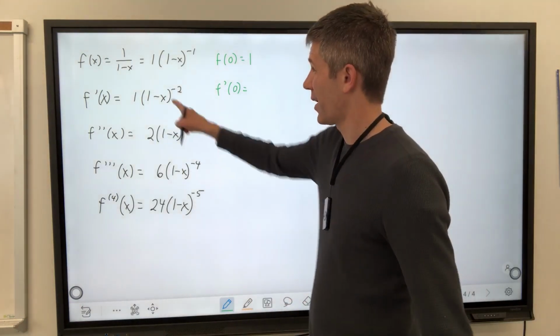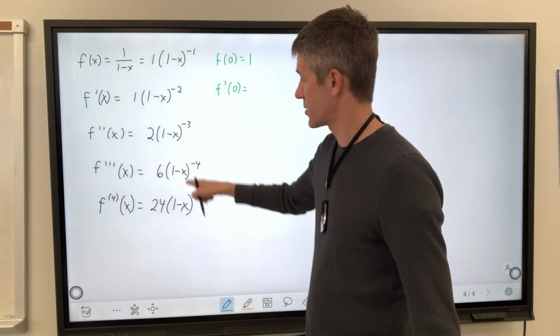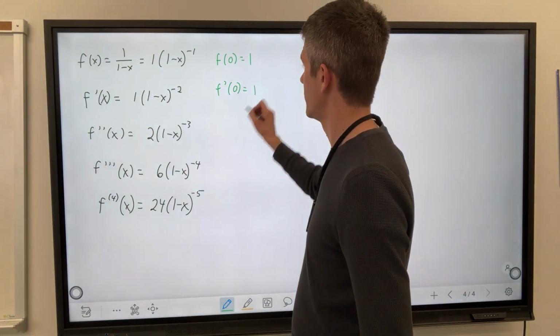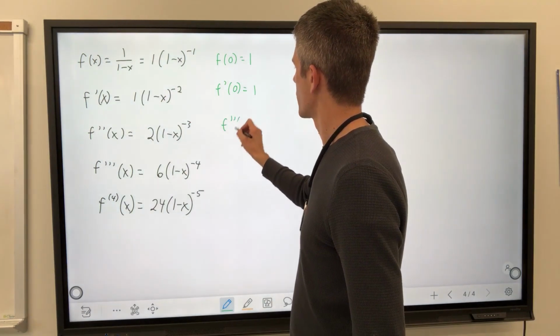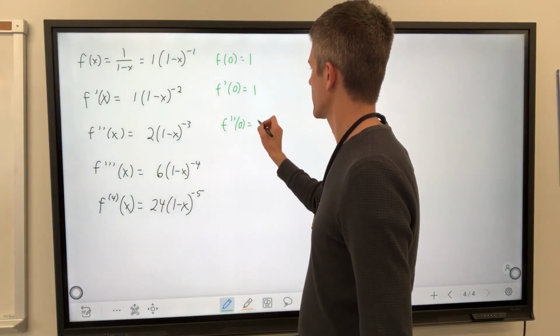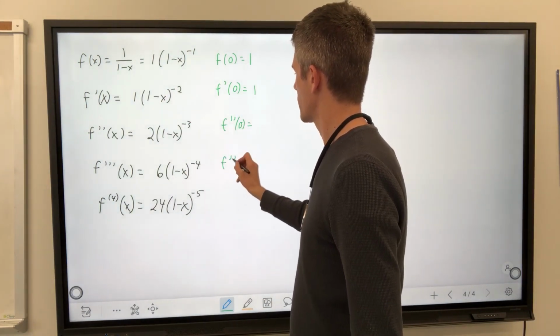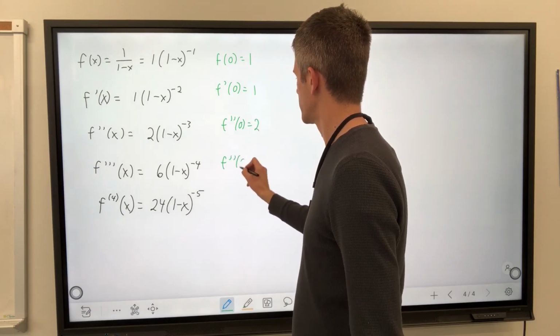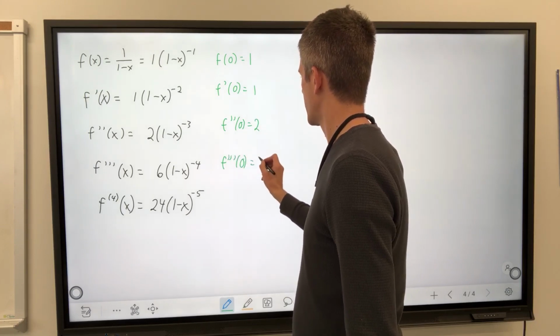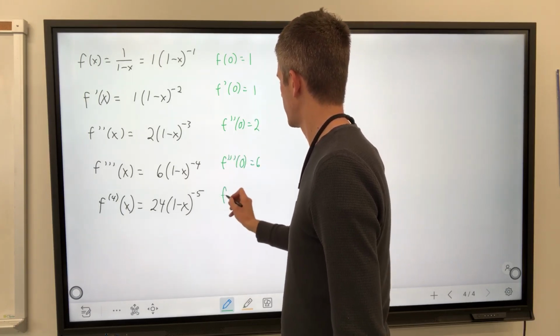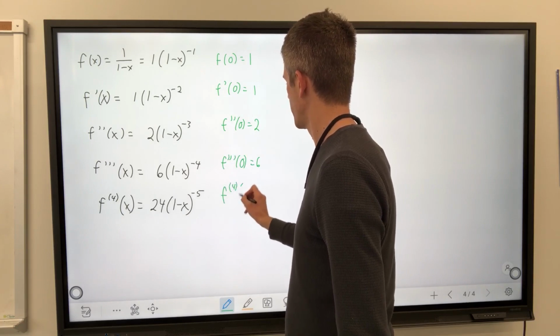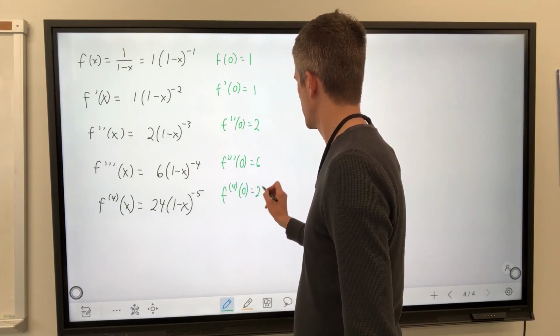So all these, where I plug in zeros, they're going to give me 1. So this is 1. F double prime of 0 is going to give me 2. F triple prime of 0 is going to give me 6. And the fourth derivative of f at 0 is going to give me 24.